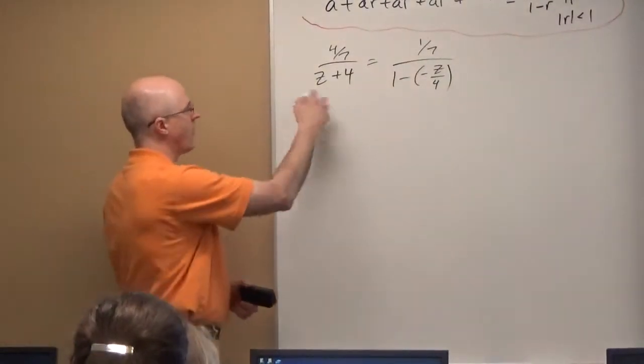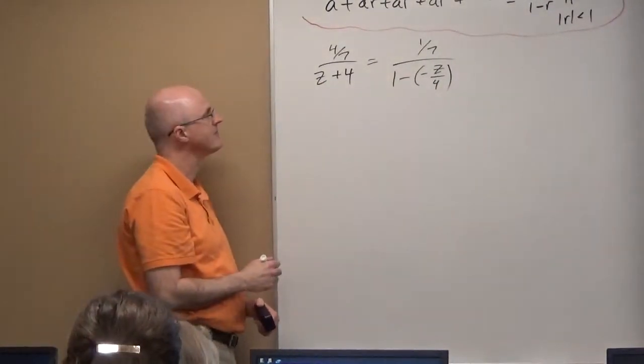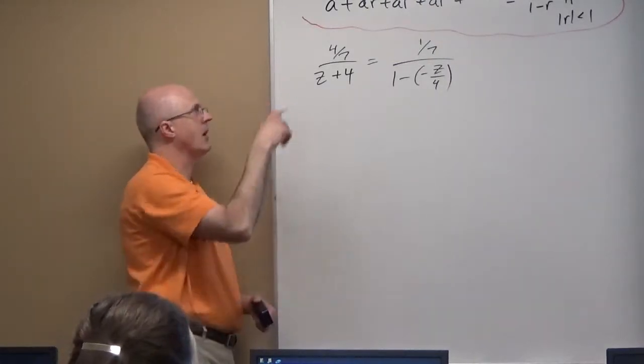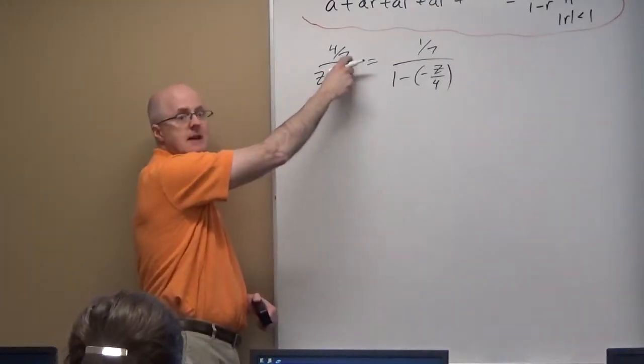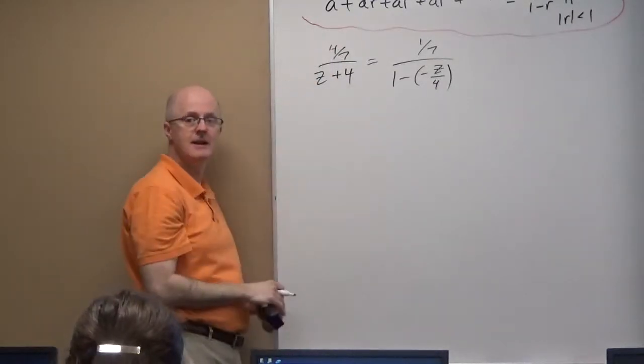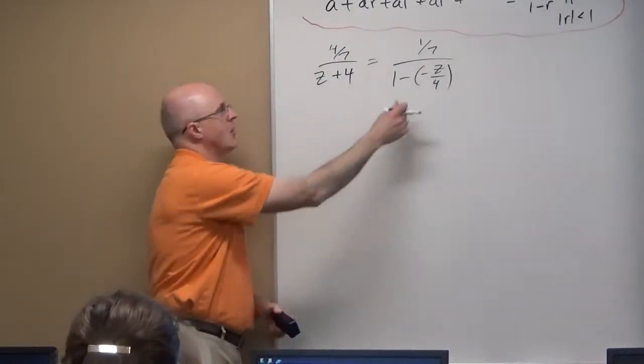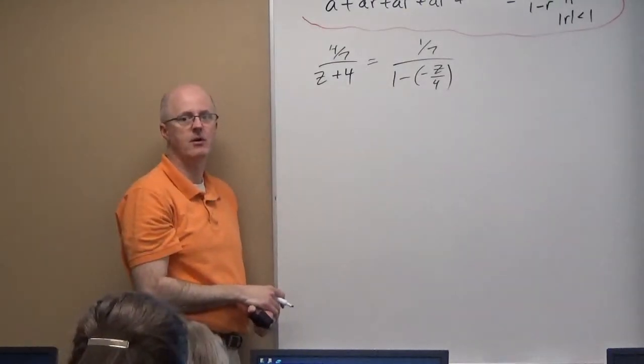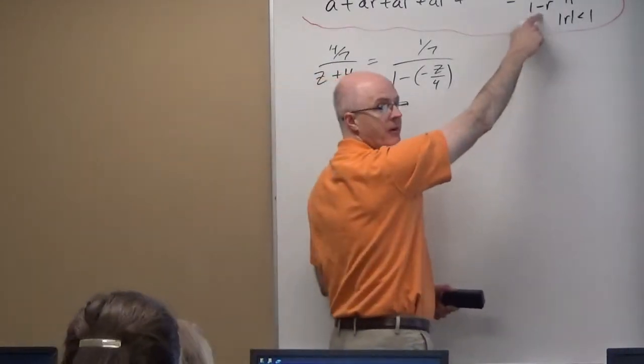So I factored a 4 out of the bottom, giving me in the bottom 1 plus z over 4. I put the 4 up on top in the denominator there next to the 7. I canceled with the other 4 there. And I also wrote the 1 plus z over 4 as 1 minus negative z over 4, so that I can get it in this form right there.